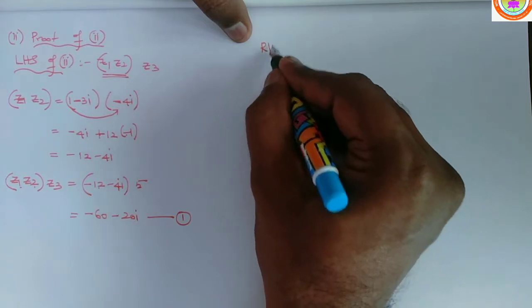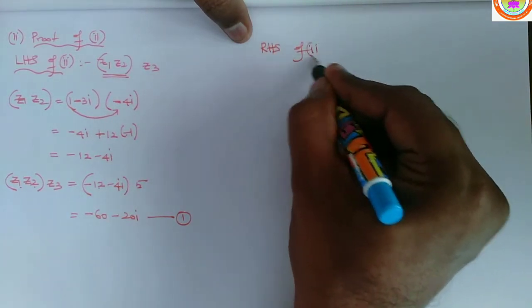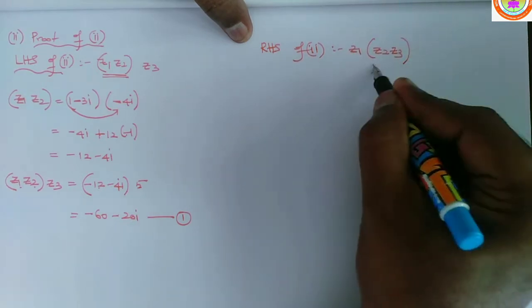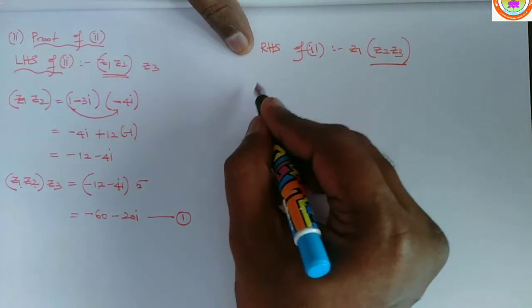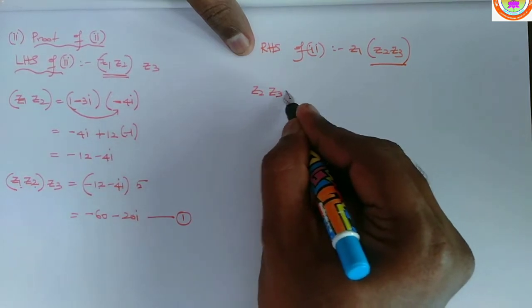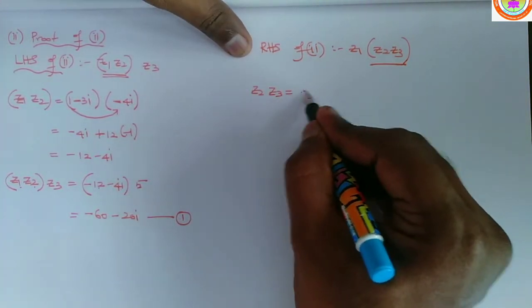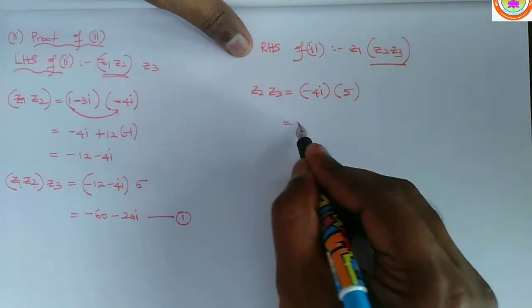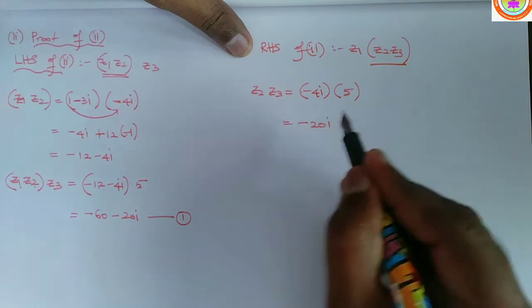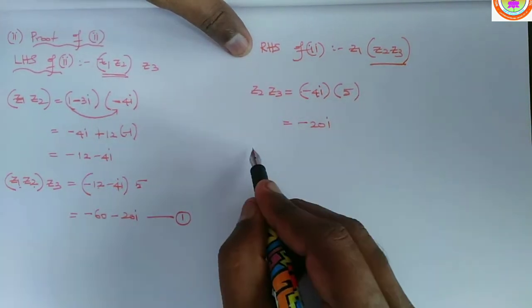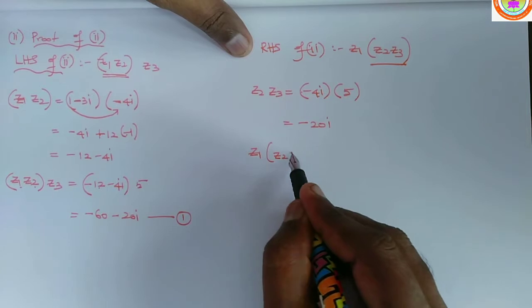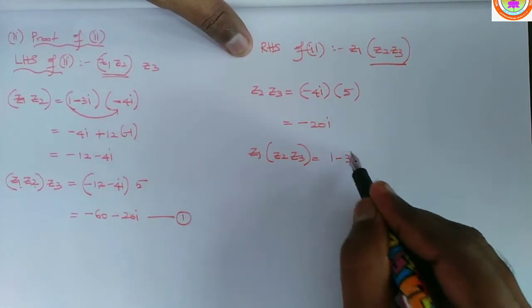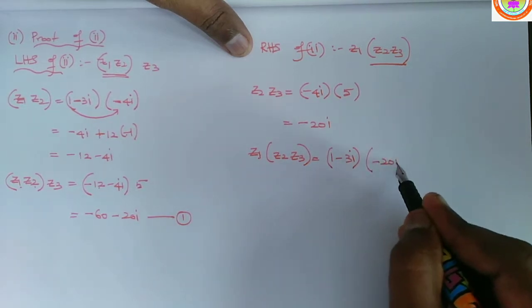Now RHS of subdivision 2 is Z1 bracket Z2 and Z3. First we need to find the bracket only. So find Z2 and Z3. Z2 is minus 4i and Z3 is 5. So the answer is minus 4 5s are 20i, minus 20i. Finally I need to write fully: Z1, open the bracket, Z2 and Z3 is equal to Z1, which is 1 minus 3i, into minus 20i.